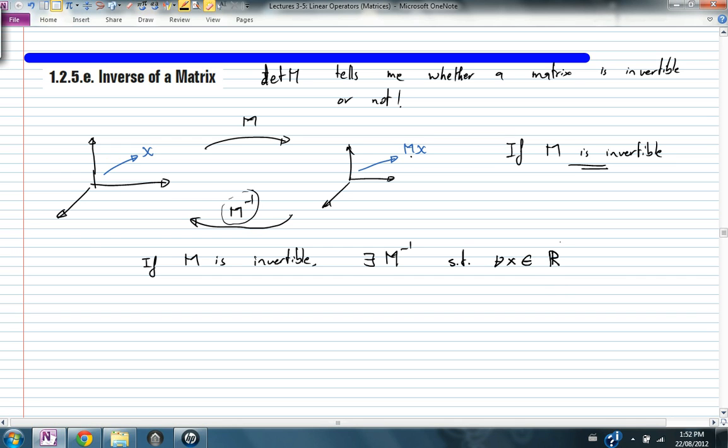If M is a matrix that's n by n and M is invertible, that means there is another matrix M minus 1 such that for any vector x in Rn, when I multiply M minus 1 M by x, I get x again, which means M minus 1 M is equivalent to the identity matrix.